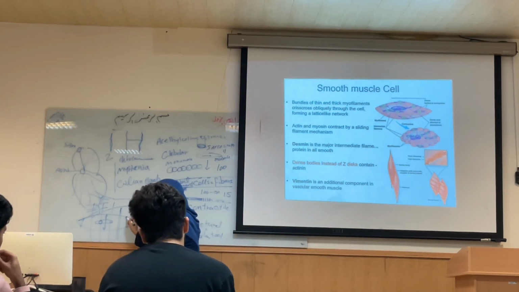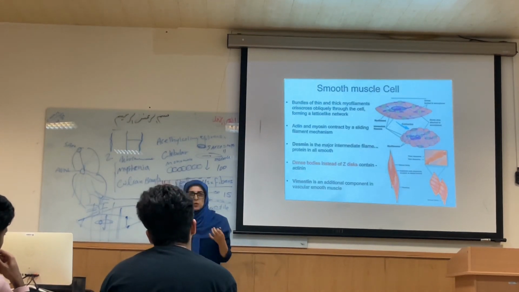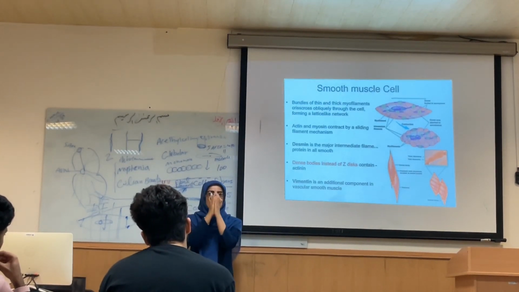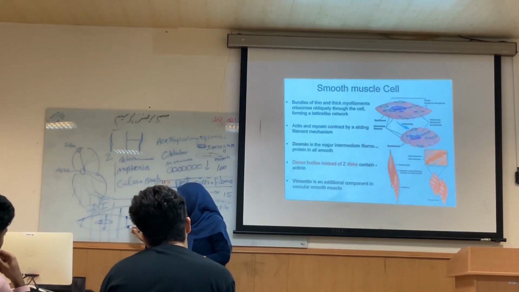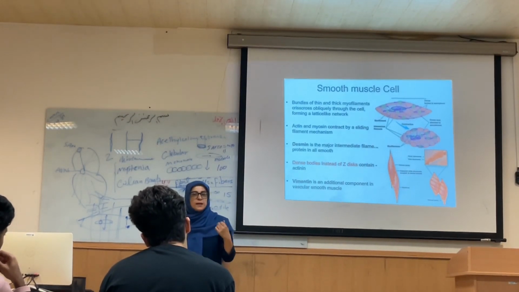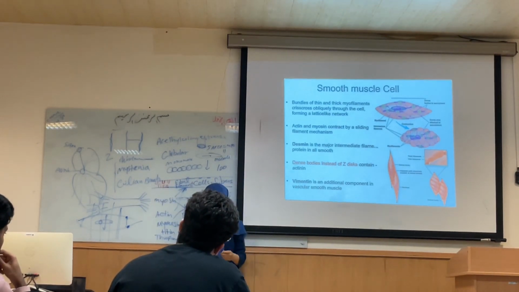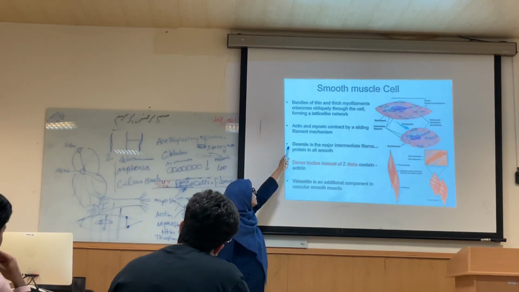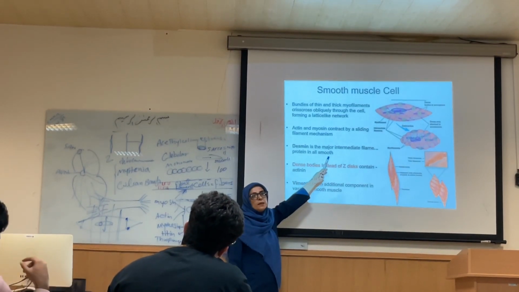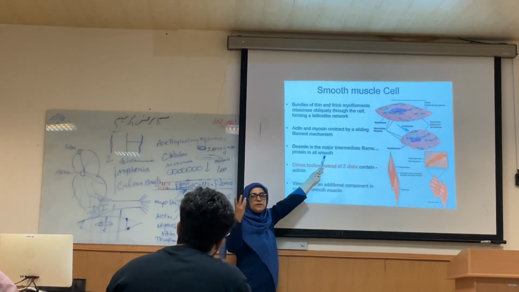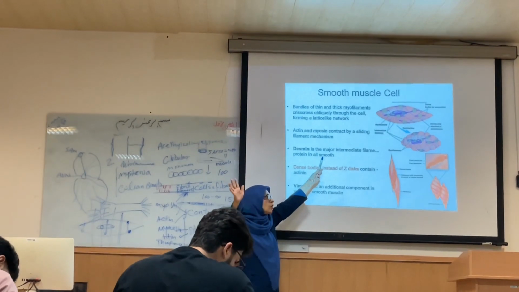In the cell membrane, the phospholipids and proteins are denser, and in addition they include these two types of intermediate filaments. Desmin is a protein in all smooth muscle, in the digestive system, urinary system, reproductive system, and others.